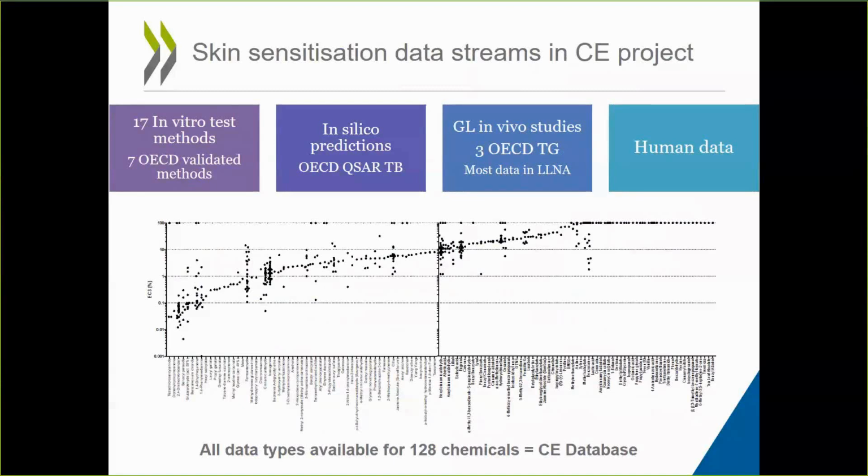There are in silico predictions from both the open source OECD QSAR toolbox for many of these chemicals, as well as from some commercial software that's available as well. There are guideline in vivo data for these chemicals. This is generally the local lymph node assay, but also may include the Buehler test that's conducted in guinea pigs. And most valuable, perhaps, for determining human relevance, there are human data for these 128 chemicals.